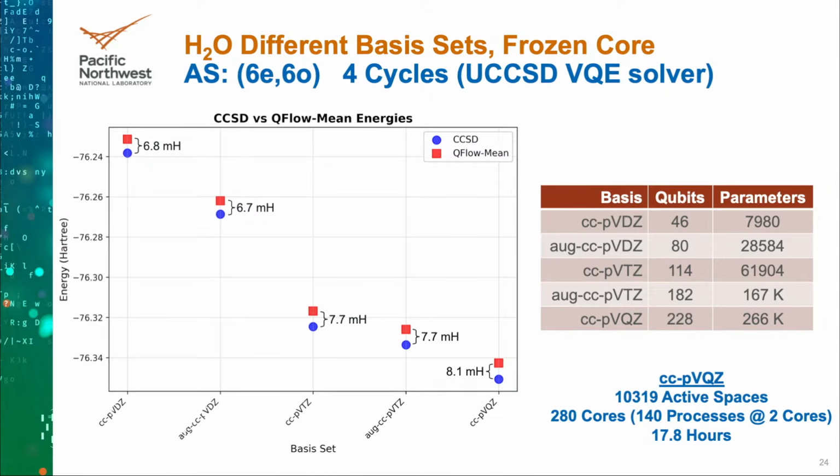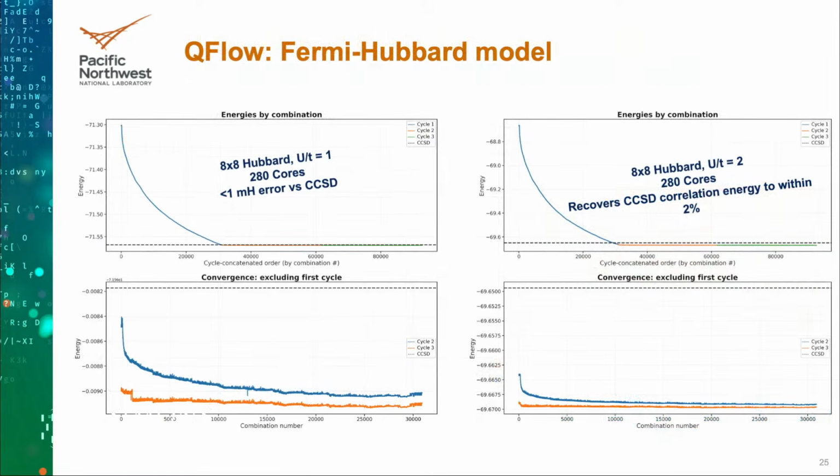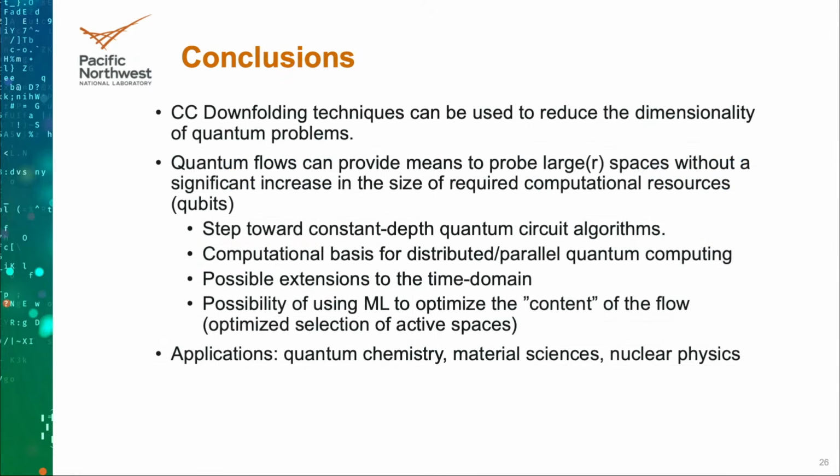Because right now we cannot do the 56,000 active spaces on the quantum computers, but we are thinking about utilization of the quantum hardware for the active spaces which uniquely trigger the sought-after state, right? So we think there will be a huge role played by machine learning methods here. Another example, Hubbard models, but I will skip over that.